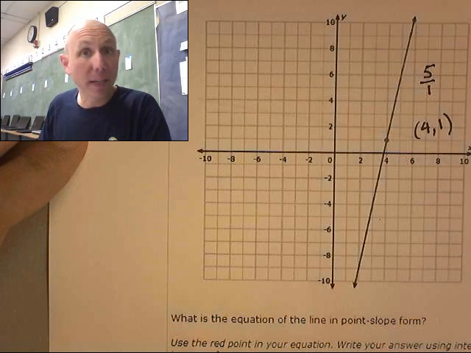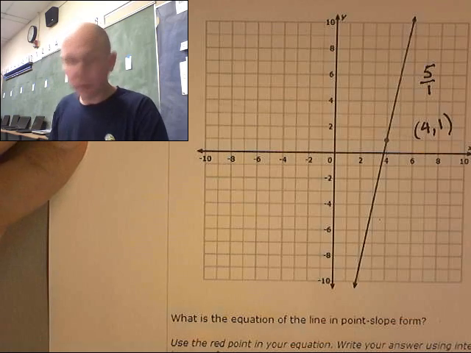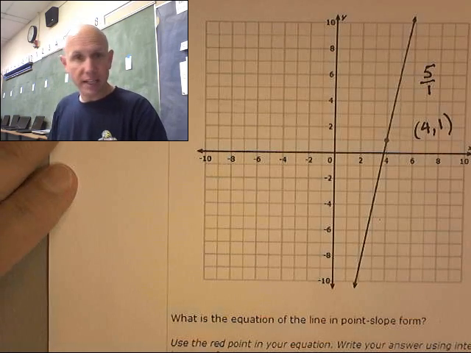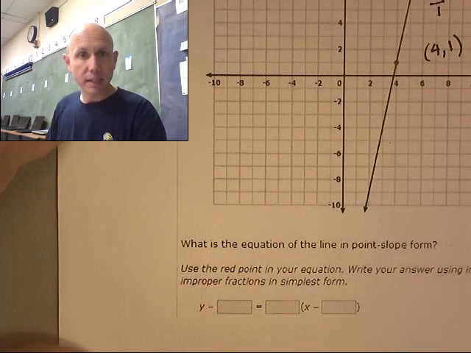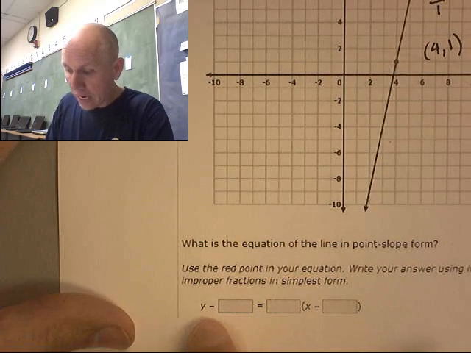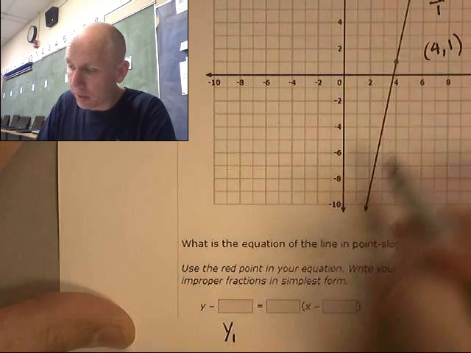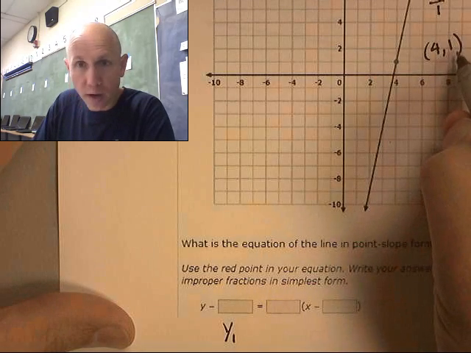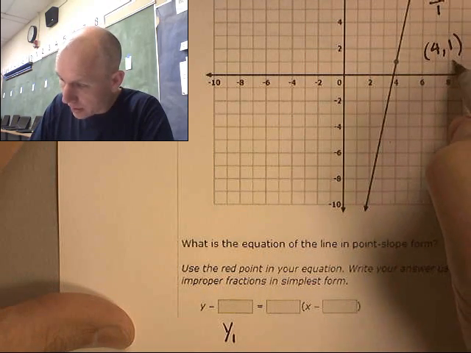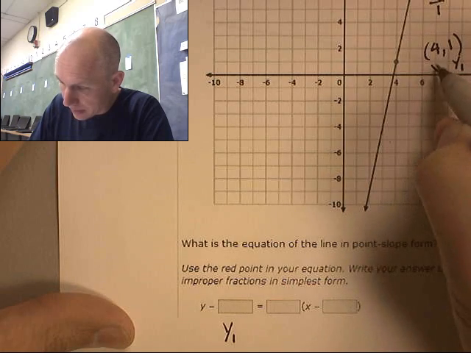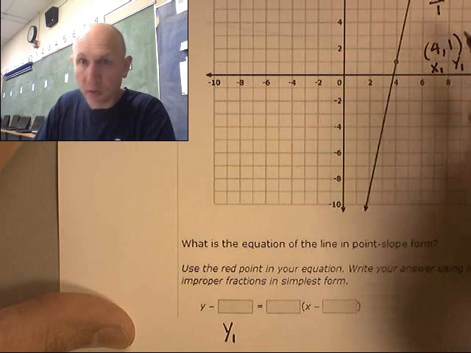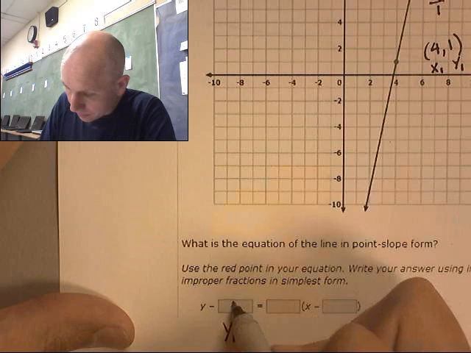And now we have to plug it into the equation. Now, on these IXLs, it's given to you in a nice form. So this is y minus y sub 1. Well, what is the y sub 1 on this? It's 1, right there. This is y sub 1. This is x sub 1. So I'm going to take that 1 and plug it in.